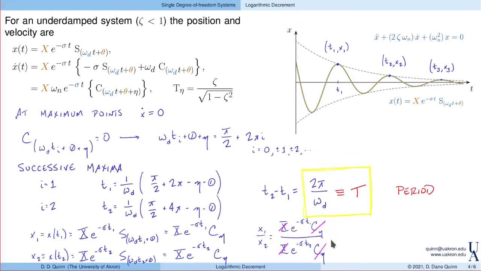So what we're left with is e to the minus sigma times T1 minus T2. And that, in fact, is just e to the sigma times the period, because, again, T2 minus T1 is equal to the period.